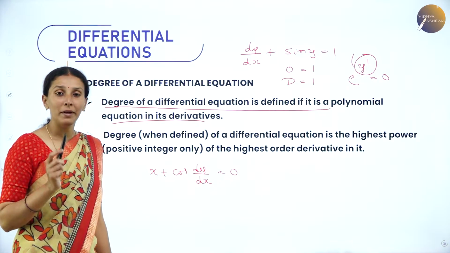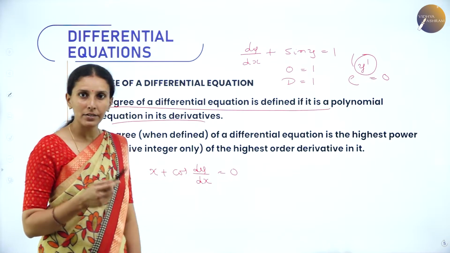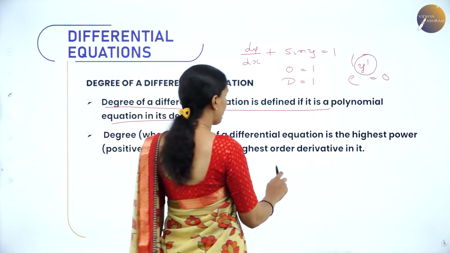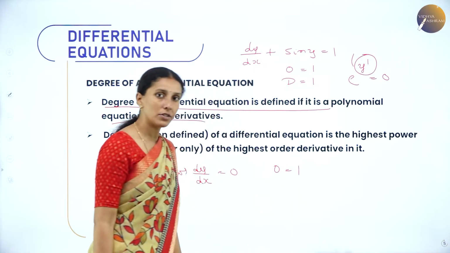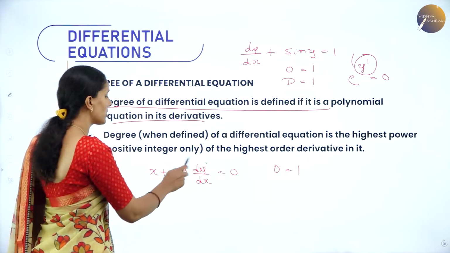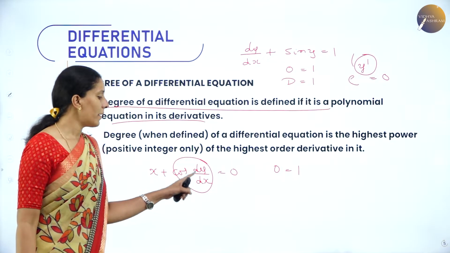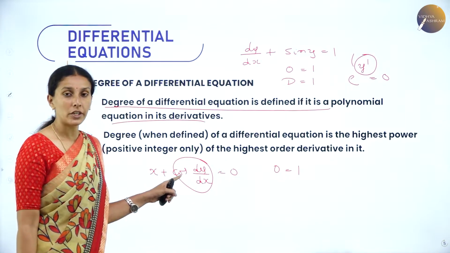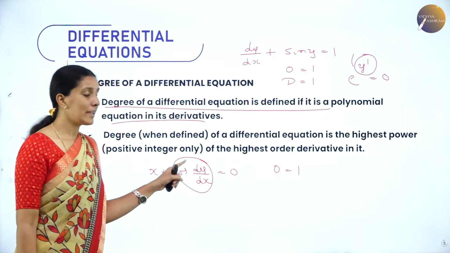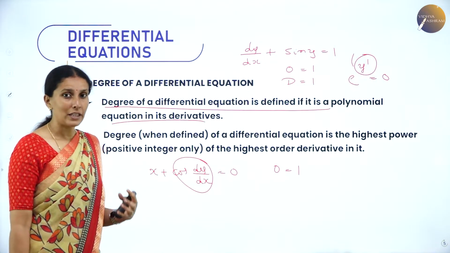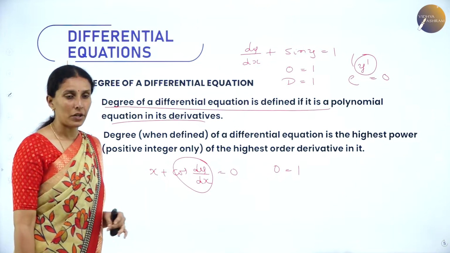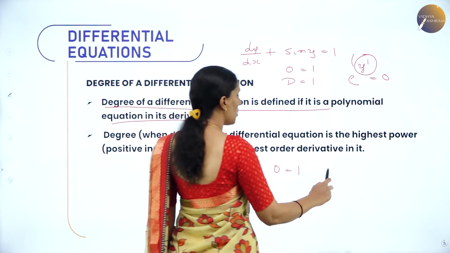Order can be defined because we have dy/dx, which is first order. So its order is 1. But the degree of this equation is not defined because dy/dx is along with one more function, that is the cos function. So cos dy/dx, we can't define the degree of the differential equation. Therefore we write it is not defined.